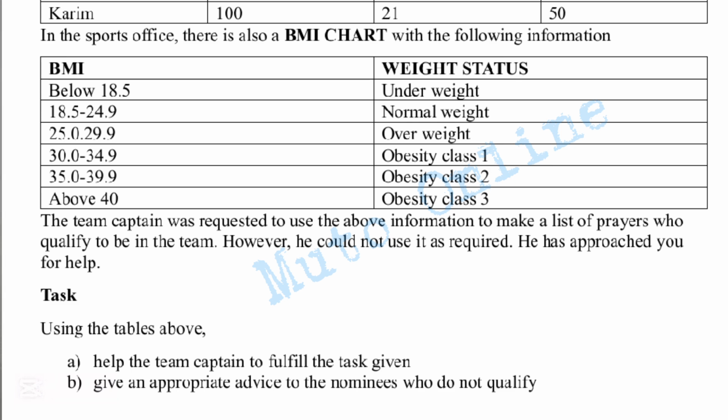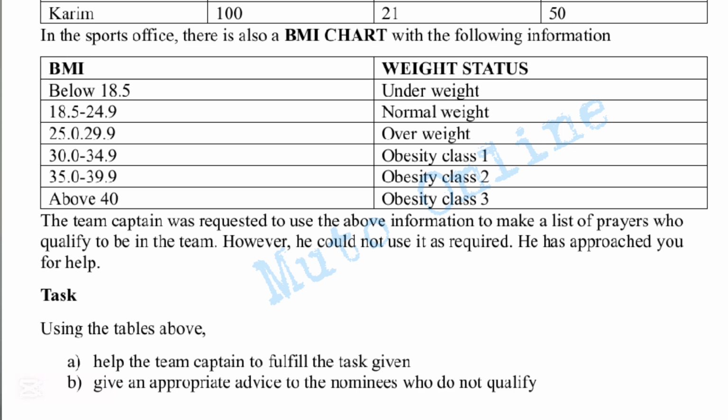So the table for BMI is stating that a person with BMI below 18.5 is said to be underweight, as you see. The one between 18.5 to 24.9 is said to be person with normal weight.